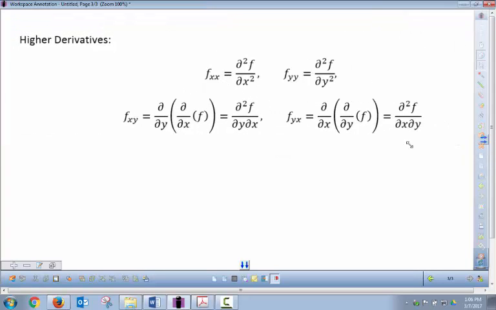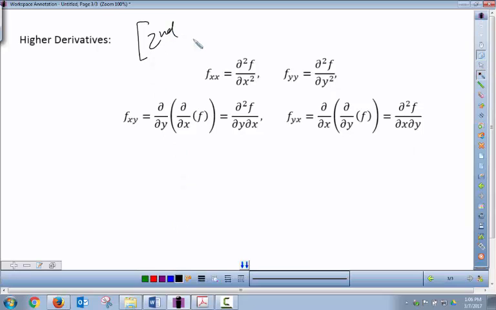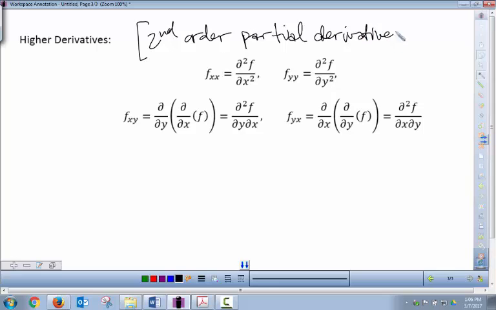This isn't all the higher derivatives, this is just second order partial derivatives. There are 4 of them: f_xx, f_yy, written simply as that, and then f_xy and f_yx.